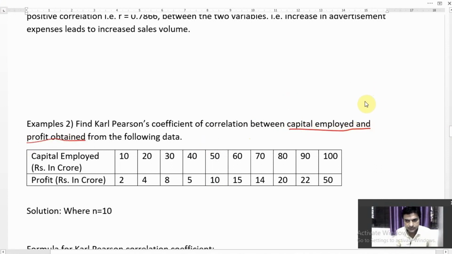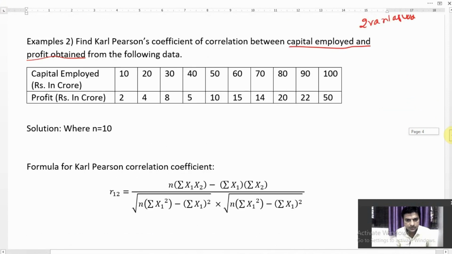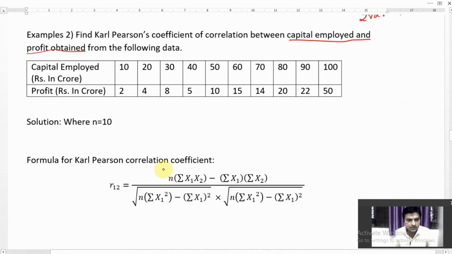We use the formula. Please set n is equal to 10. You can see this is 1 2 3 4 5 6 7 8 9 10. When you count this, we will set n is equal to 10.